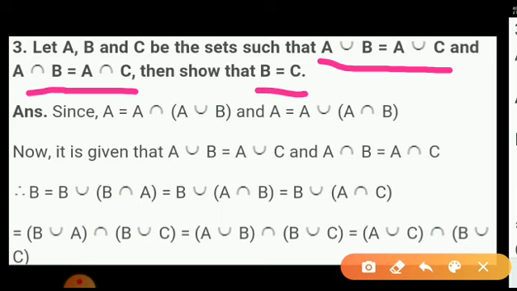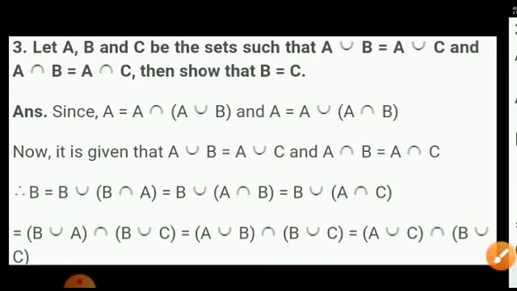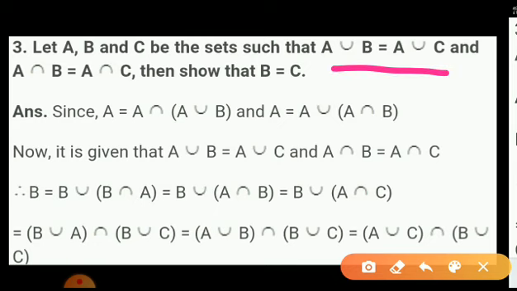Now see, previously what I have told, whenever you have to prove that two sets are equal, I have to prove that B is a subset of C and C is a subset of B. But now here we have already been given some conditions. So using those conditions, we can prove that sets B and C are equal.